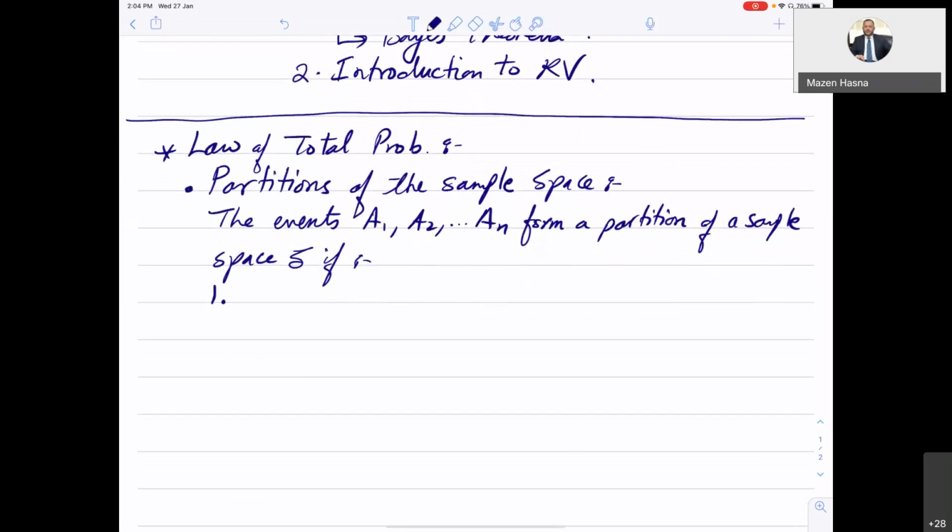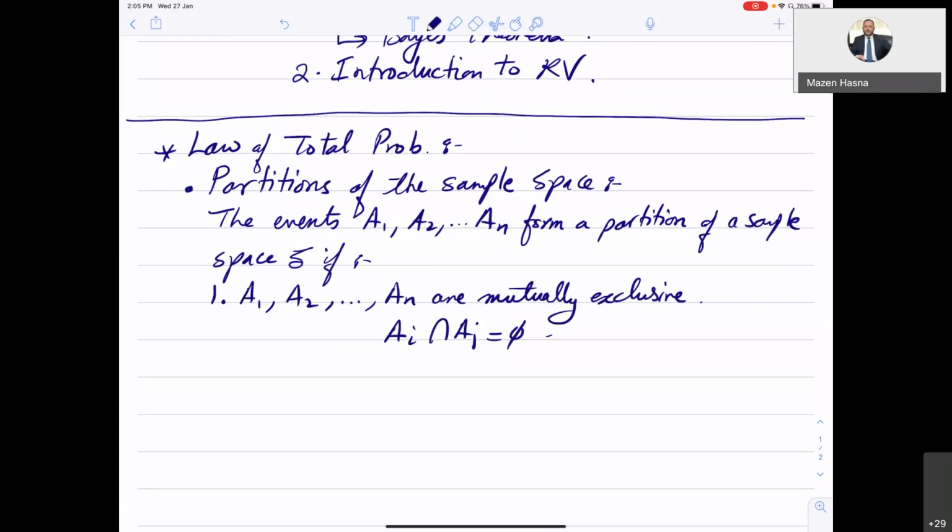The first condition is that A1, A2, all the way up to AN are mutually exclusive, which means AI intersect AJ equals empty set for I not equal to J. So the intersection of any two events is empty. This is the first condition.